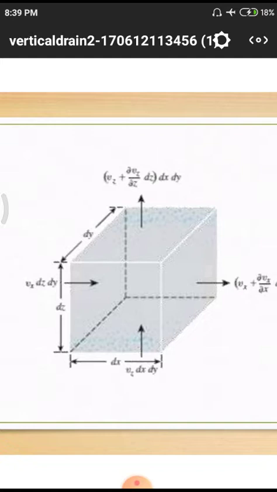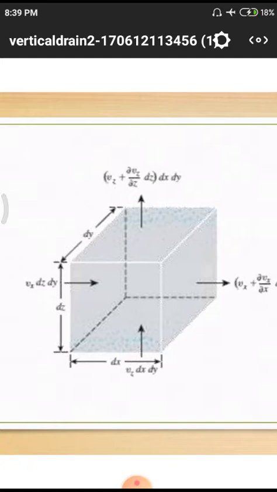Likewise here also we have two directions. We have stresses in the x direction and the z direction. In the x direction the velocity of particles is vx, in the direction of x.